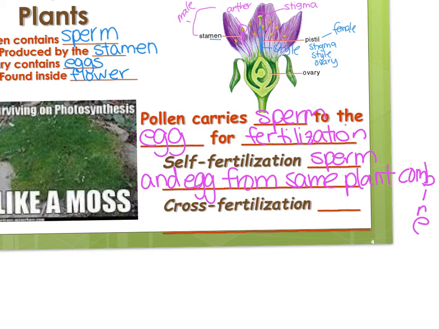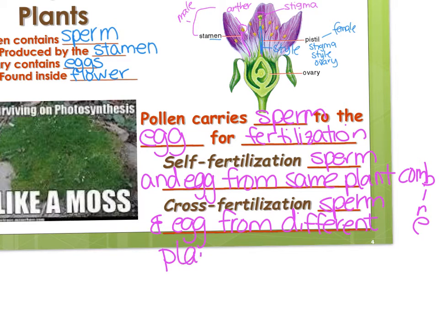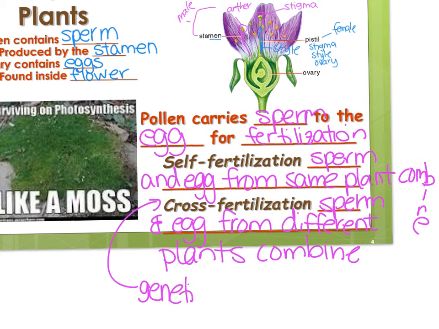Cross-fertilization, on the other hand, is where you have sperm and egg from different plants combine. And this cross-fertilization yields genetic variability. That's an important thing.